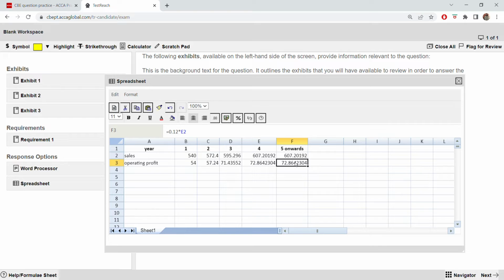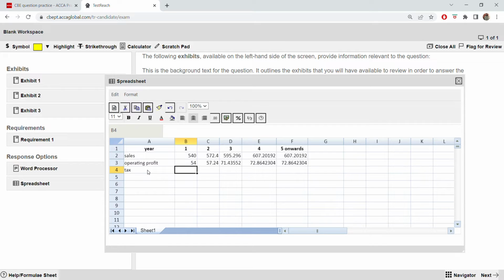Now, from operating profit, you need to deduct tax. With tax, remember the number you put has to be negative. Okay, we have a way of putting a negative number here. You just cannot put bracket and then the number. If you just put the bracket and the number, it will not take it as a negative number. It will take it as a text.